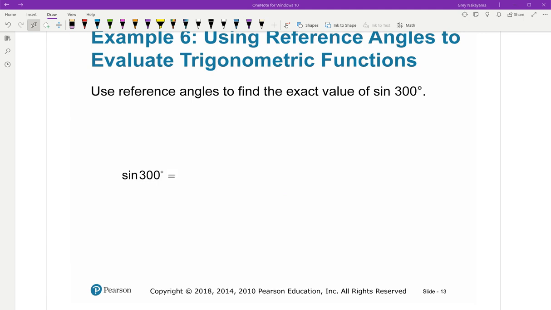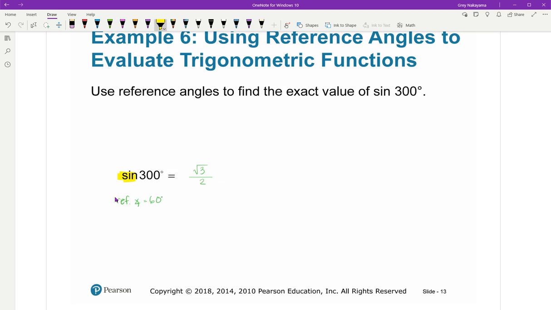So in this particular case, sine of 300, well, what is my reference angle? 300 is close to 360, so if I subtract 360, I'm going to get my reference angle is equal to 60. And when the reference angle is 60, y'all, the sine of 60 is the square root of 3 over 2. Now I have to decide whether it's positive or negative.